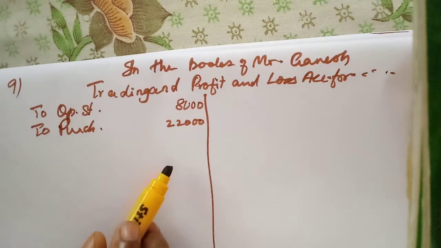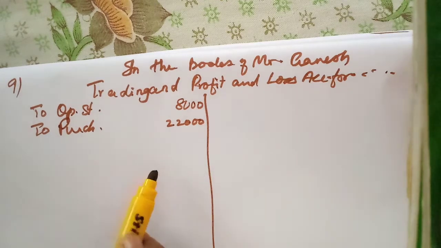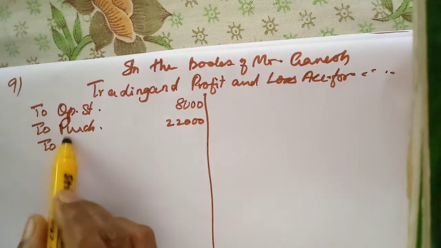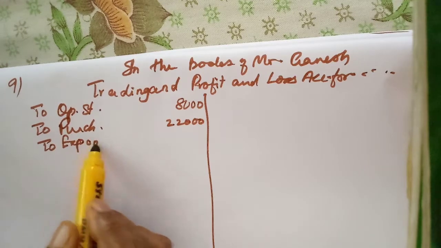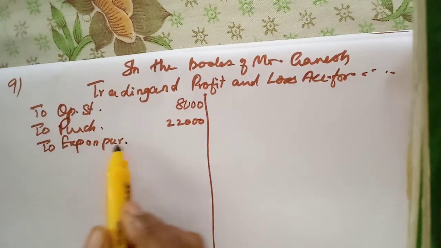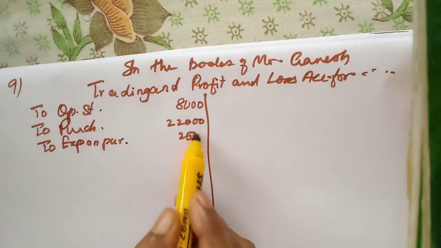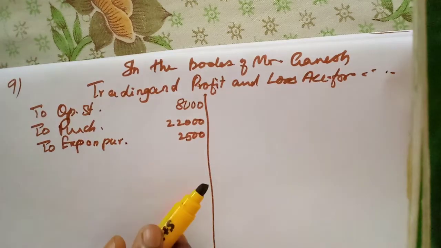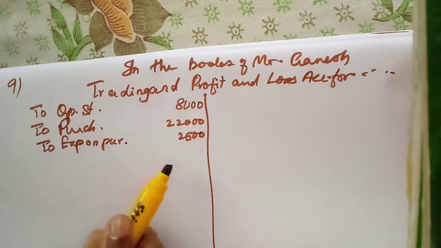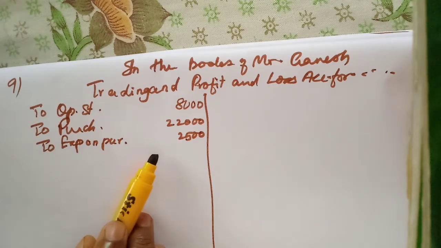Then direct expenses. Okay, expenses on purchases, fourth item. So that is expense on purchases, 2,500. Then any expenses related to that direct expenses, find out.